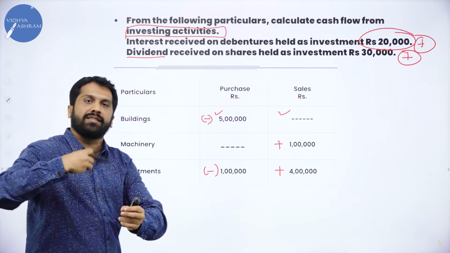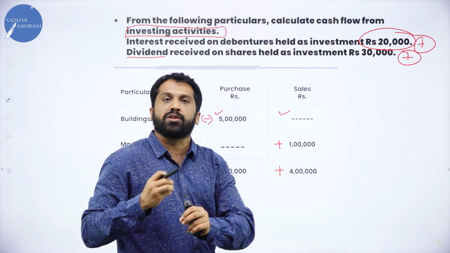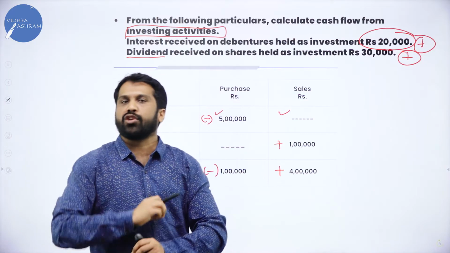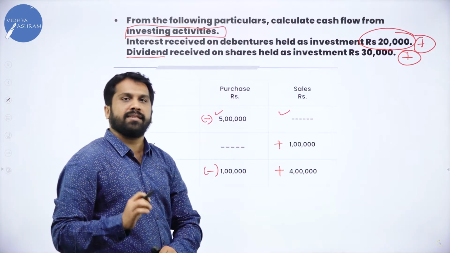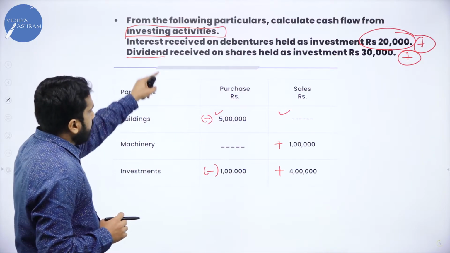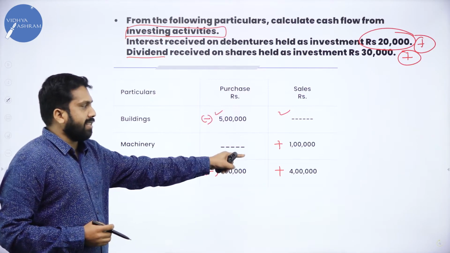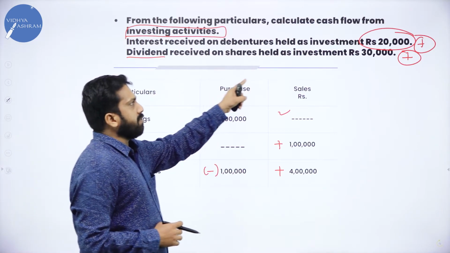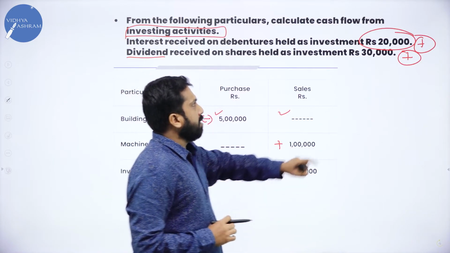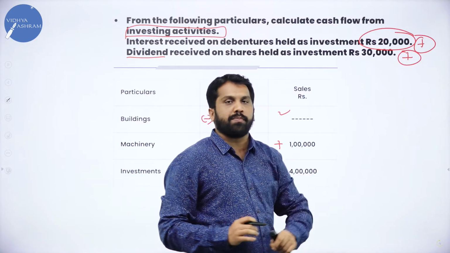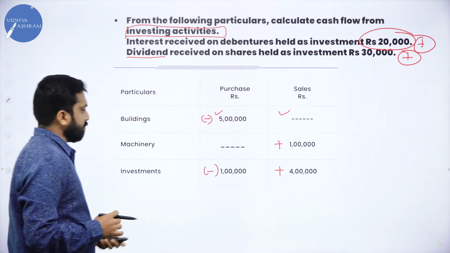So, we got to know if it is purchase, minus; if it is sales, plus; anything which is received, plus. Remember, 20,000 and 30,000 should be added. Why? Because those are receipts.